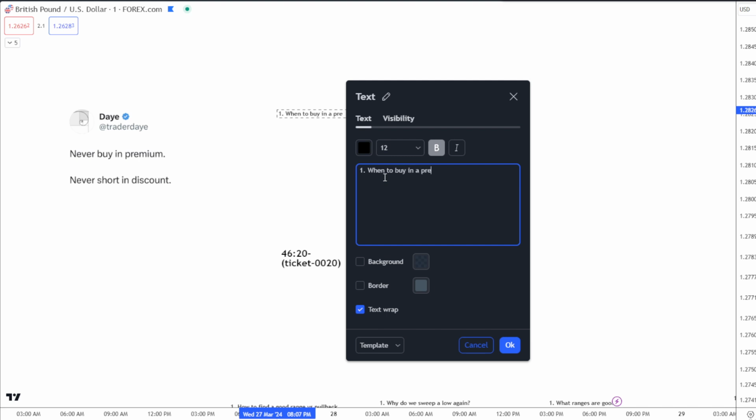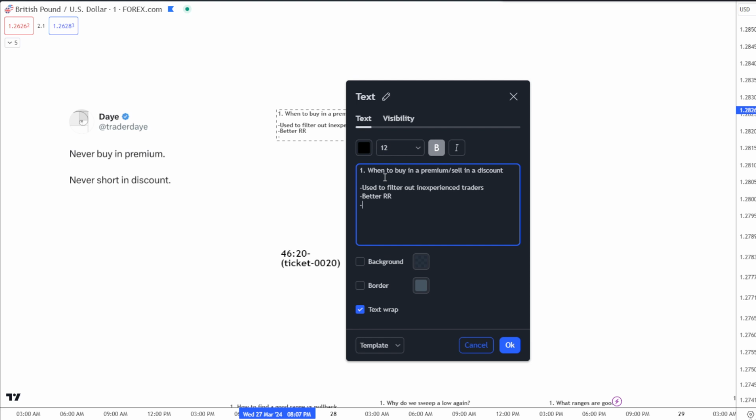Buy in a premium, sell in a discount is used to filter out inexperienced traders and give better RR.